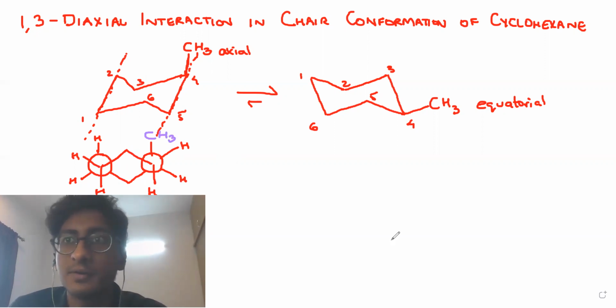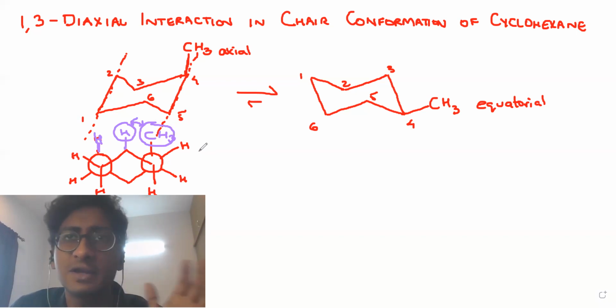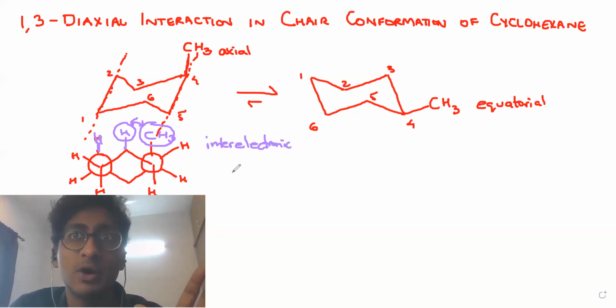So if we compare the axial bonds that will be placed here, we can see that the atomic radius for the CH3 group becomes more bulky, right? If we replace the CH3 with an ethyl group, this will cause a steric interaction with this. A steric interaction is basically an interelectronic repulsion, which will cause some amount of destabilizing force on the molecule.